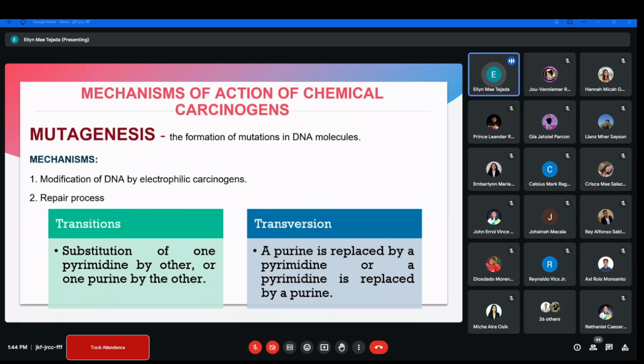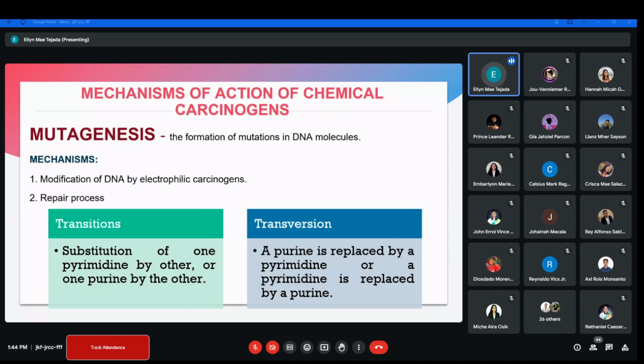Now, there are a variety of mutations that can occur in DNA, and several mechanisms of mutagenesis are known, such as modification of DNA by electrophilic carcinogens and the type of repair process used in response to the damage.